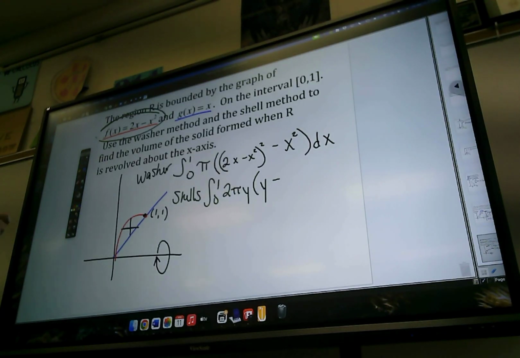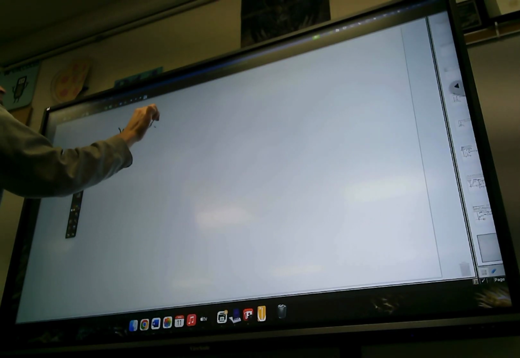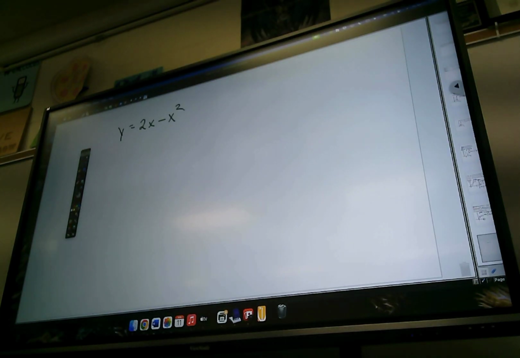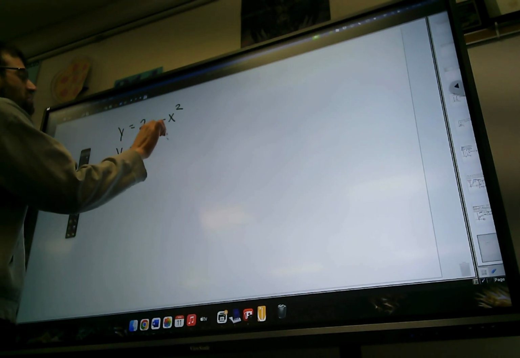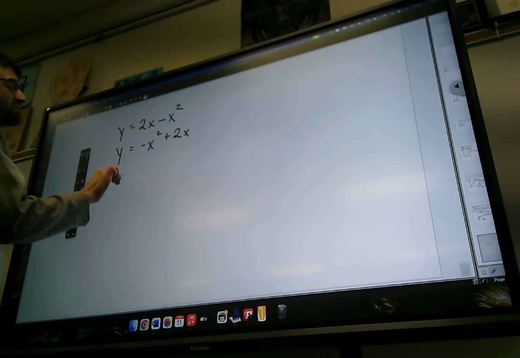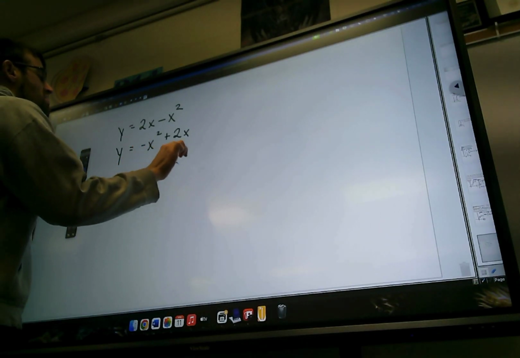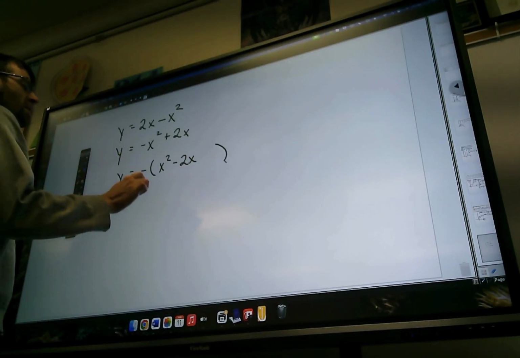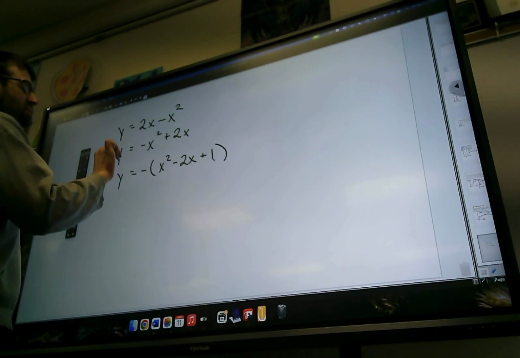So I'm going to go to the next slide. And I need to be solving this for x to put it in terms of y. So what I'm going to do is I'm going to rearrange. I'm going to factor out a GCF. And I'm going to complete the square. So I'm going to add 1 to this side because technically that's subtracting 1.